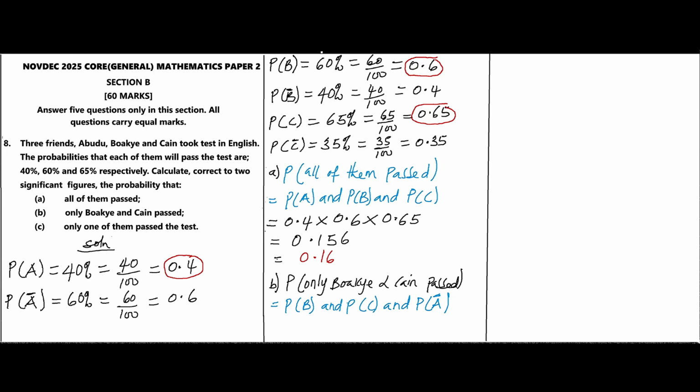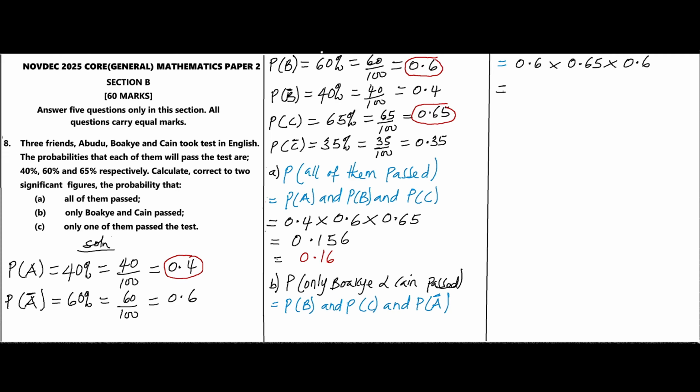So next, we just do a substitution. The probability that Boakye will pass, we have 0.6, multiplied by the probability that Cain will pass, so that is 0.65, and the probability that Abudu will not pass, in other words, Abudu will fail, that is 0.6.